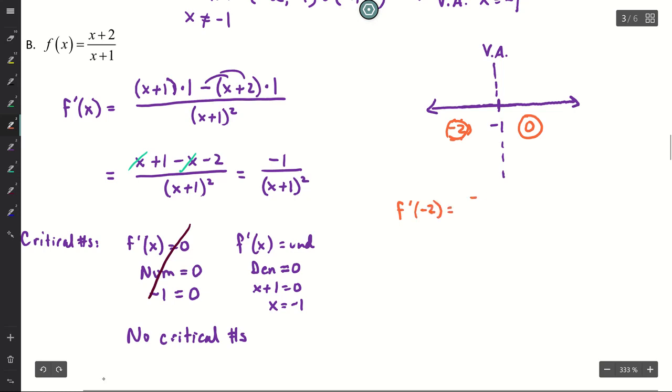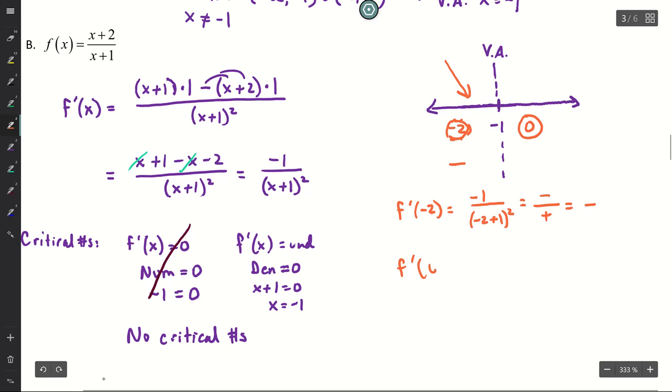There I'll have a -1 over -2 plus 1 all squared. The top value is going to be negative no matter what, since it's -1, and the bottom value is going to be positive no matter what, since that whole group is squared. So a negative divided by a positive is a negative. So there, the sign of my derivative is negative. That's going to indicate to me that I'm decreasing.